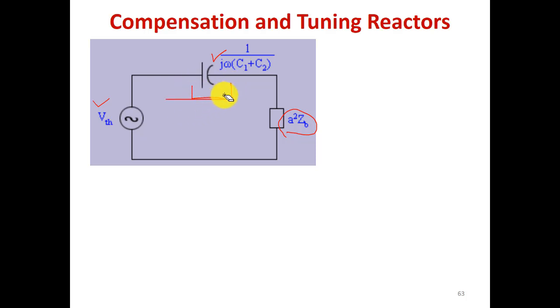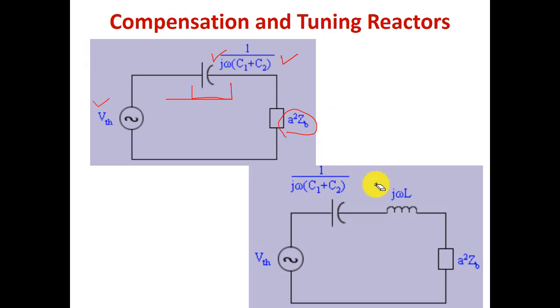In order to avoid this, we need to put a reactor, which we call the tuning reactor, which compensates the effect of the capacitance. In order to nullify that, we put a reactor called the tuning reactor. This is your tuning reactor, which compensates the effect of the capacitance, right?